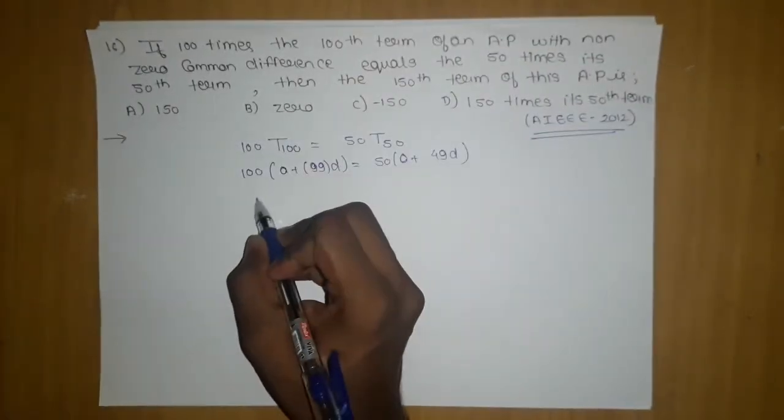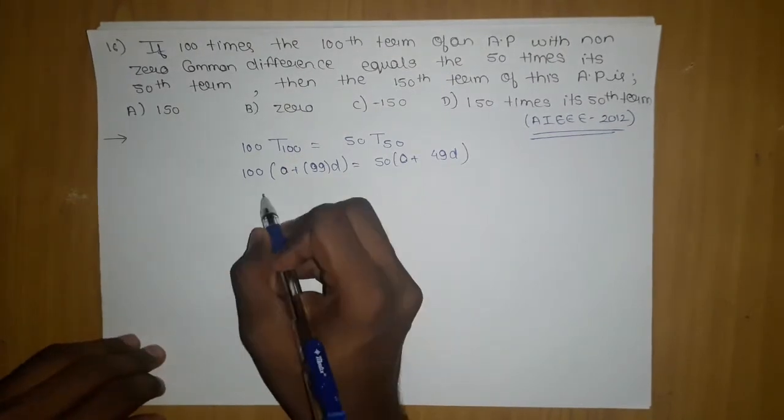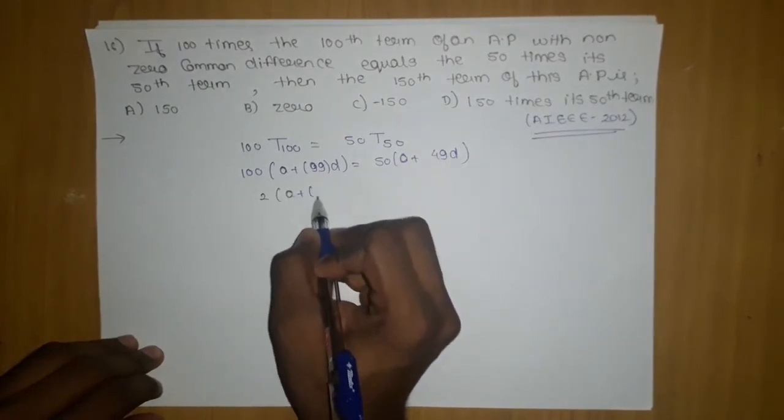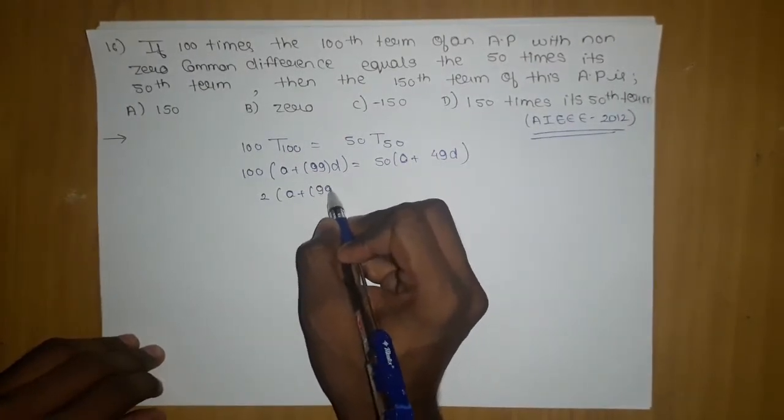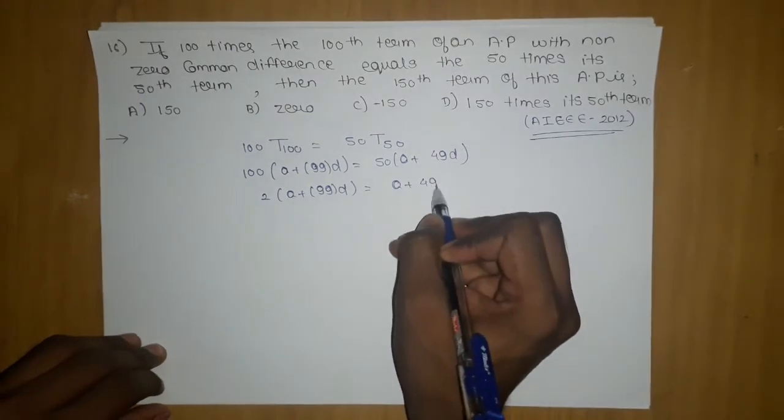So this will cancel out, here 2 will appear, 2A plus 99D should be equal to A plus 49D.